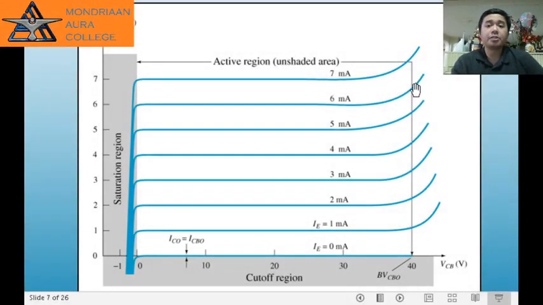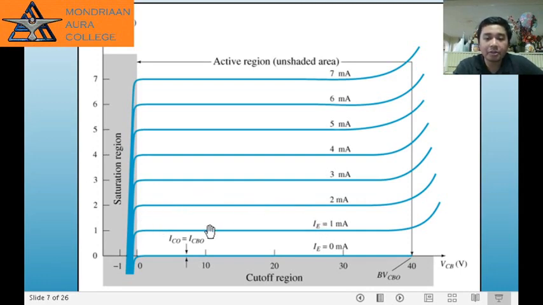Itong graph na ito ay pinapakita rin yung relationship between IE and IC. Remember, ang IE or I sub E ay ang ating input current at ang ating I sub C ay ang ating output current. Kanina inirelate natin yung I sub C tsaka yung V sub CB. Ngayon, irerelate naman natin ang I sub C tsaka itong ating I sub E. Alright?